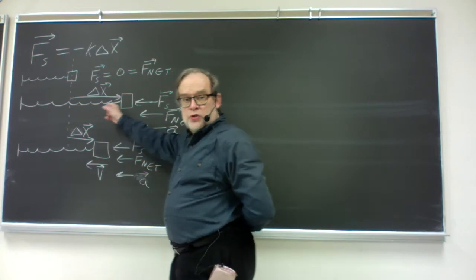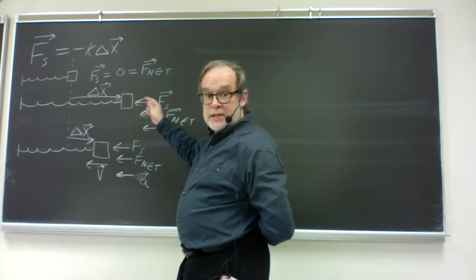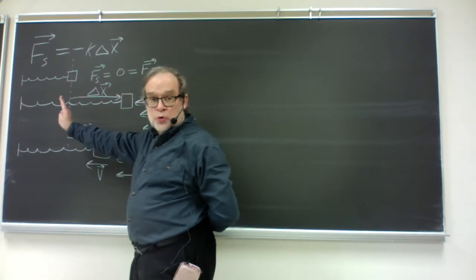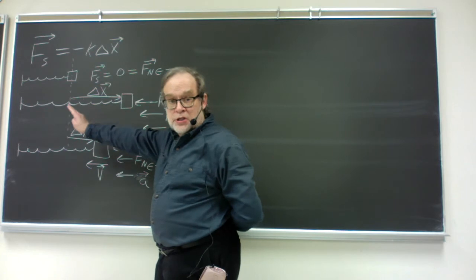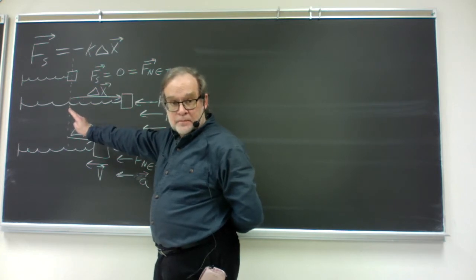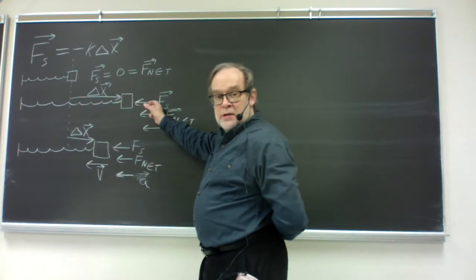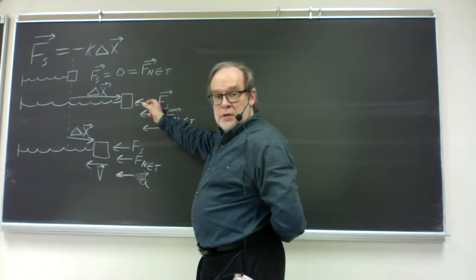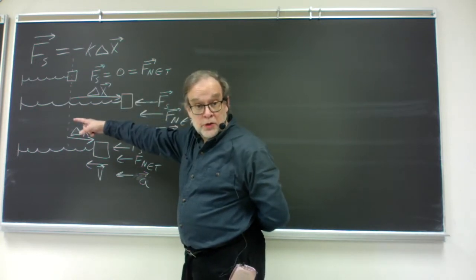But of course, when you stretch the spring, being an elastic object, it is going to try to snap back to its original shorter length, and as it tries to snap back, it pulls to the left on the mass. So you displace the mass one way, it feels a pulling force the other way from the spring.